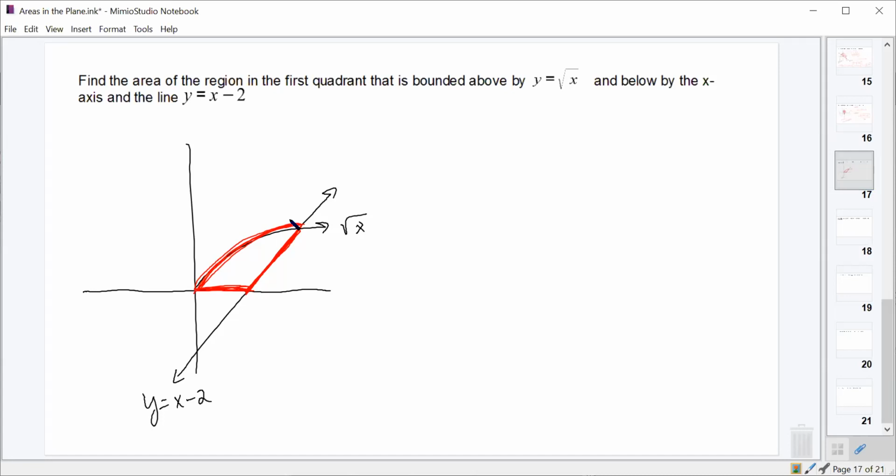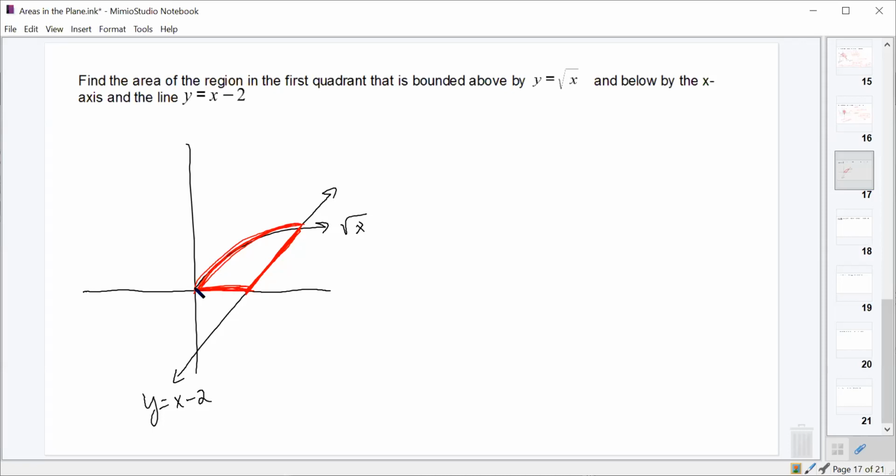What is different about this region than every other region that we have dealt with so far? Okay, let's try this again.